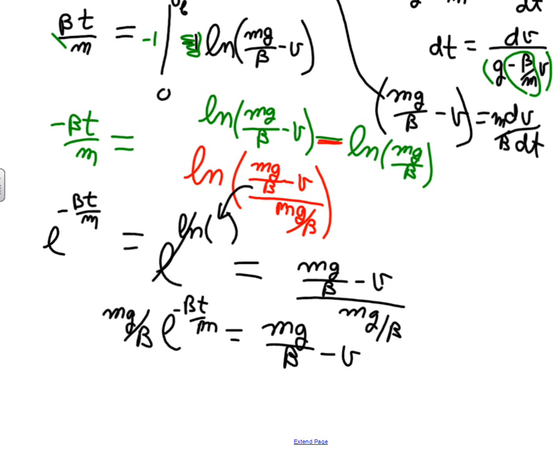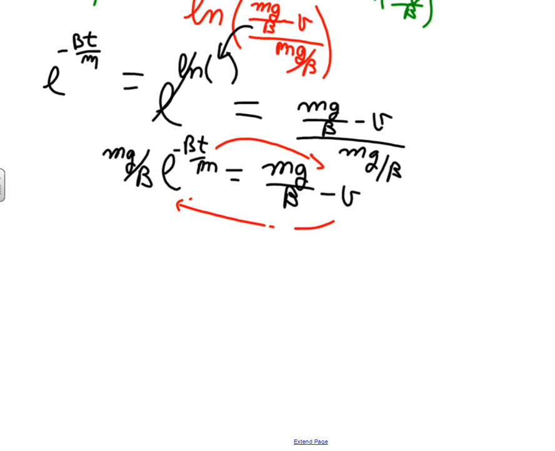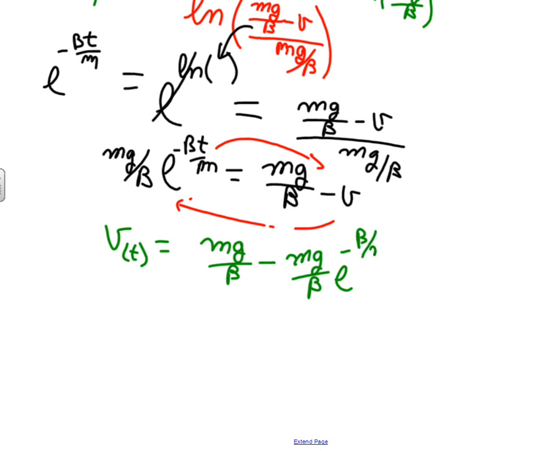My goal is to get v all by itself. So here's my suggestion. Bring the v over to this side and bring all this crazy stuff over to that side. Okay? So let's see what that looks like. It looks like I'm going to have v as a function of t equals, here we go folks, the punchline, mg over beta minus, because they changed the sign, mg over beta times e to the minus beta over m t.